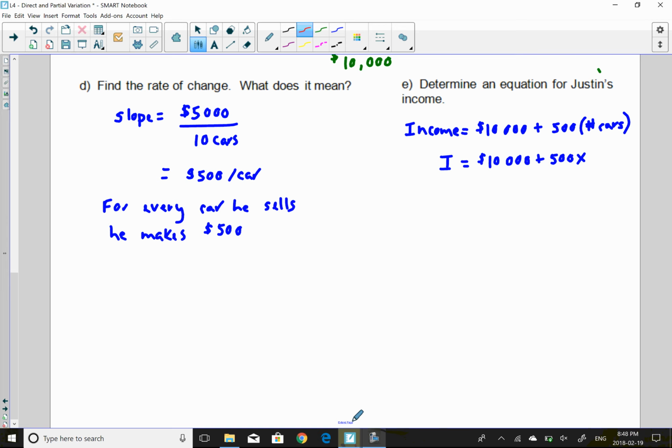So I'm going to add a question here. How much will he make if he sells 20 cars?